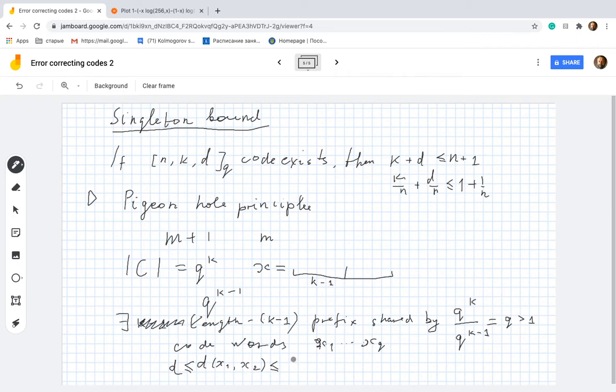So the distance is at most n minus (k minus 1), which is n plus 1 minus k. And so we obtain the bound: d plus k is at most n plus 1. So the singleton bound is established.